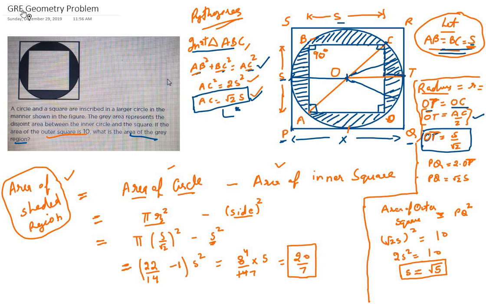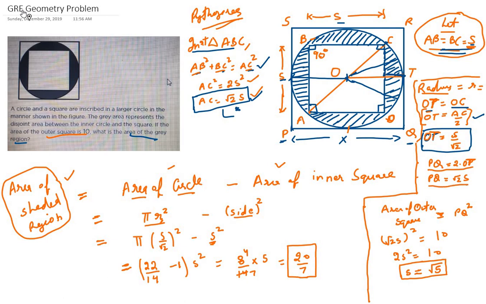O is the central point of this diagram. So OT will be half of ST or half of PQ, or in other words, PQ is 2 times OT, right? And OT we know is S by root 2, so PQ comes out to be under root 2 S.